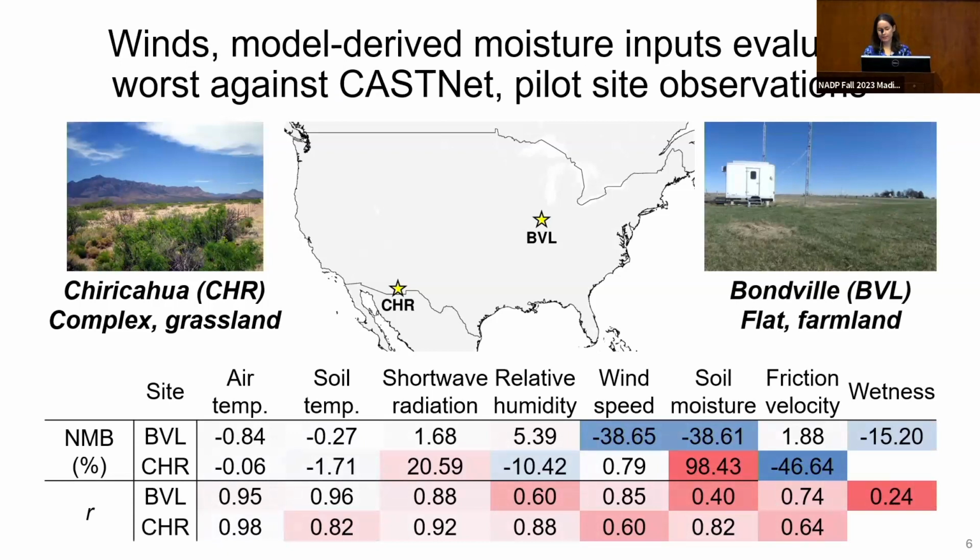Okay, and so I have some evaluation of the meteorological parameters measured at these sites for 2018. I don't expect folks to remember everything here necessarily, but I'm going to highlight a few things that I think might be influential in terms of our ultimate results. We're seeing some fairly substantial biases for wind speed and for soil moisture. As I mentioned, part of the motivation with this project is to make a product that might be relatively easily implemented, and so we're using what I think are the most reasonable products from that perspective.